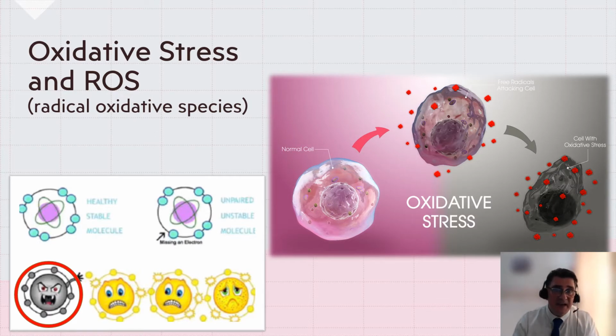But to understand its antioxidant mechanism, we have to remember what oxidative stress is, or what a reactive oxygen species, ROS, is. An oxidative species is usually an atom that is missing an electron. And unfortunately, nature doesn't like imbalances.